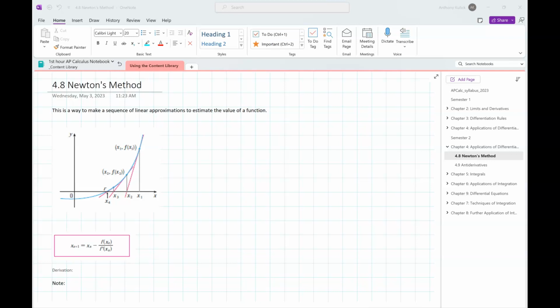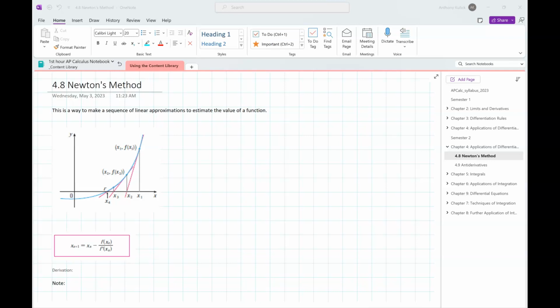The way the calculator is doing that, I suspect, I haven't dug into the specific programming, is some version of this Newton's method technique that we're looking at here.